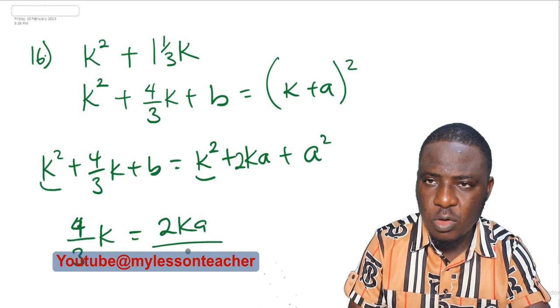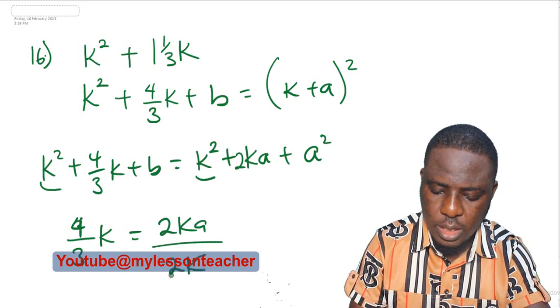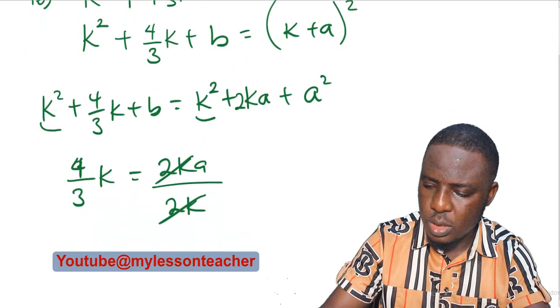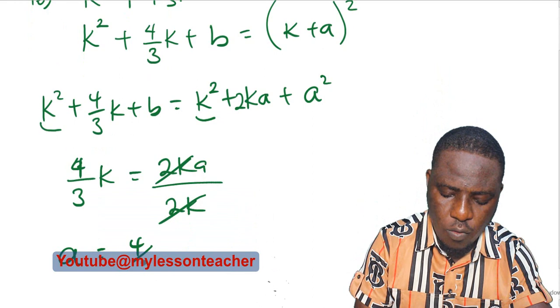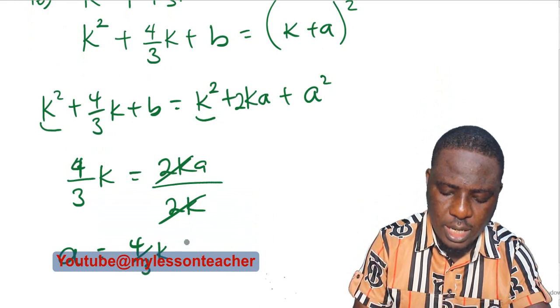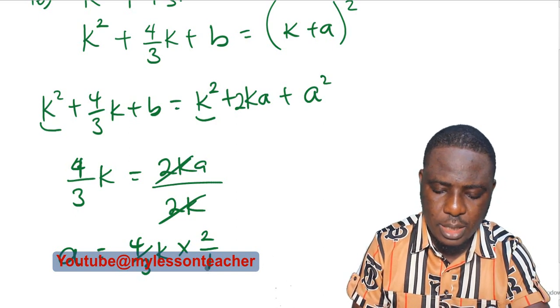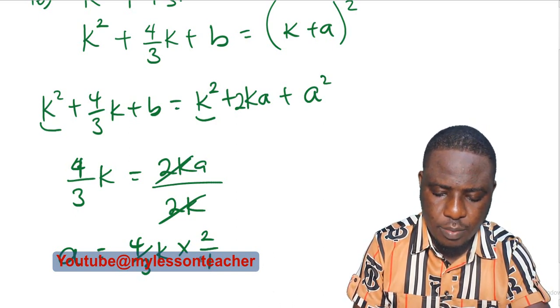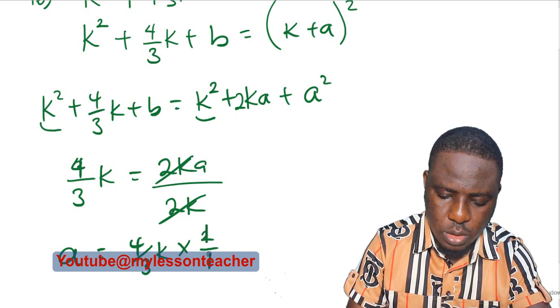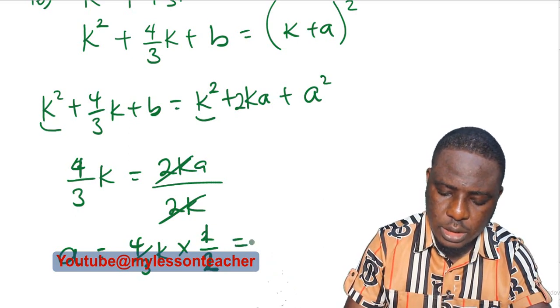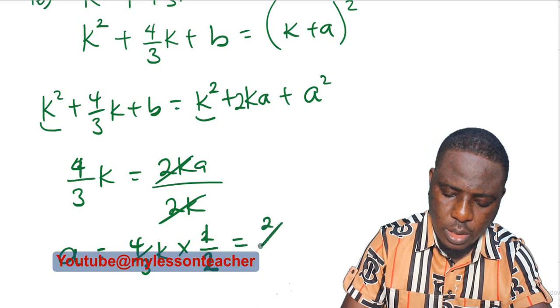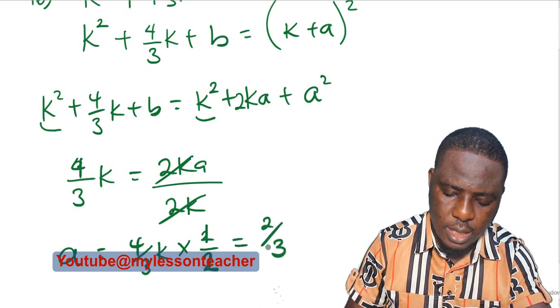Dividing both sides by the coefficient of a, which is 2k, this will cancel out, and a is said to be 4 over 3k times 1 over 2, because we're dividing both sides by 2. So this is said to be 2 over 3.